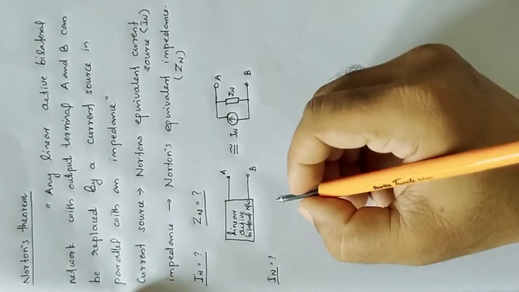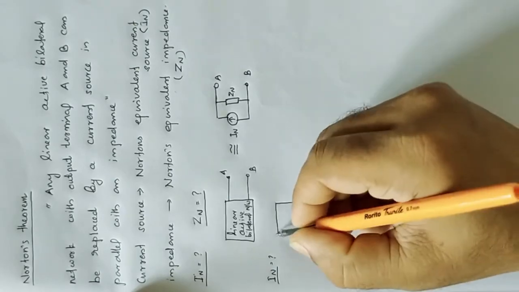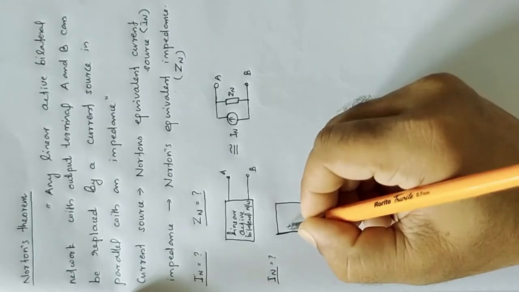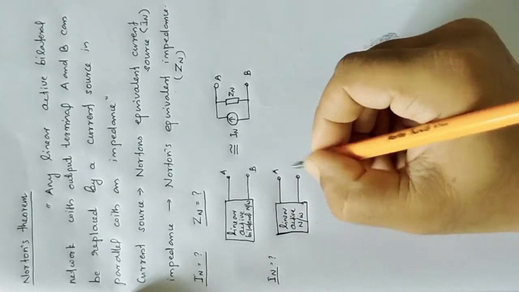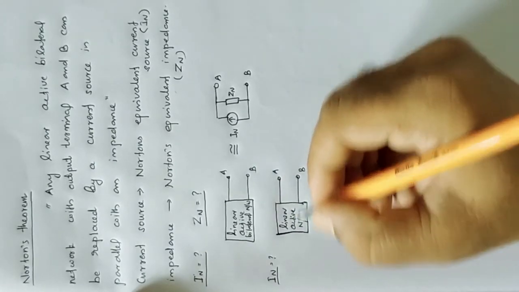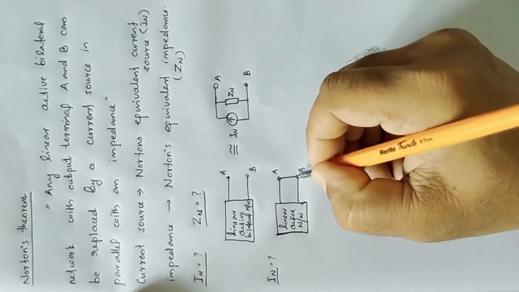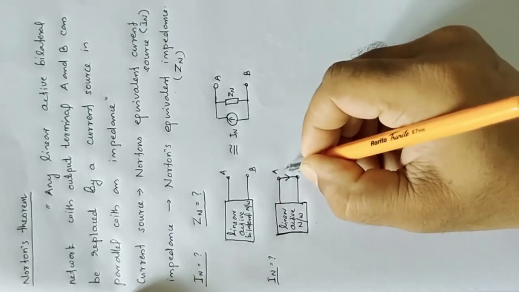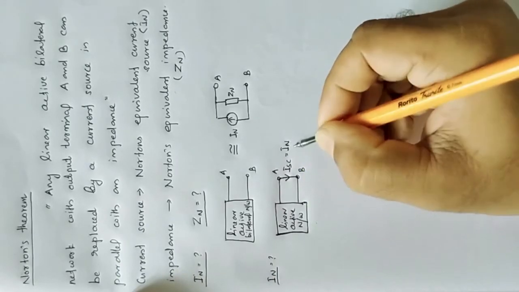In order to find Norton's equivalent current, we need to short circuit these open circuited terminals, and this short circuit current ISC is nothing but Norton's equivalent current.